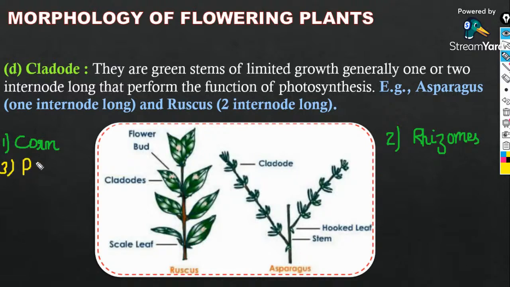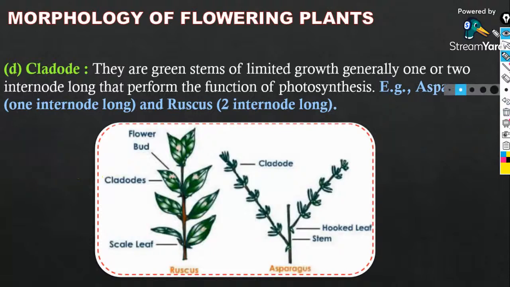Now tell me the examples of Phylloclade. Yes, Opuntia and Euphorbia are examples of Phylloclade, and cladode examples are asparagus and ruscus. Clear?